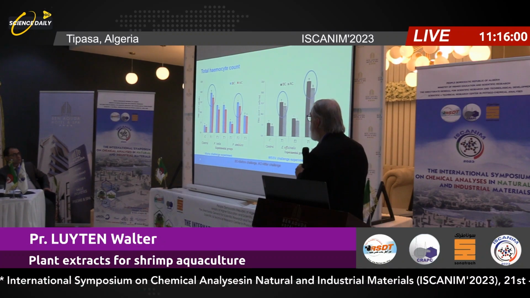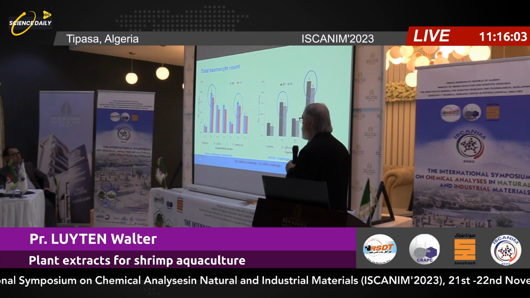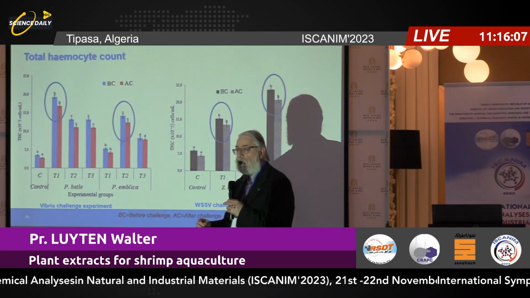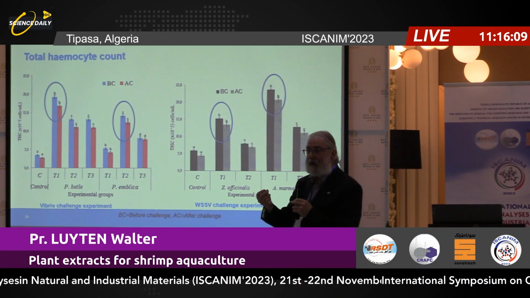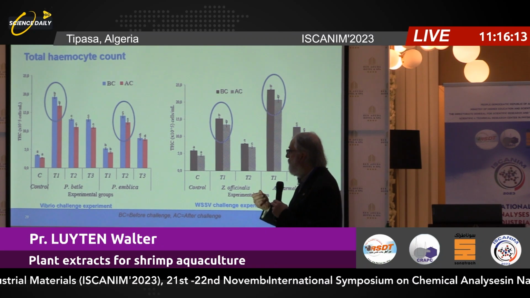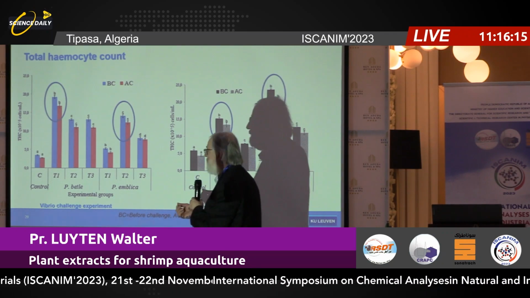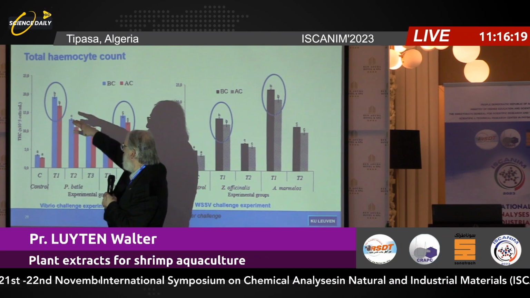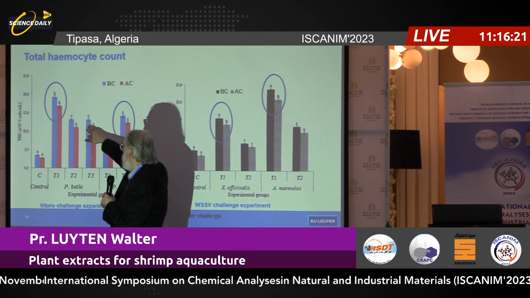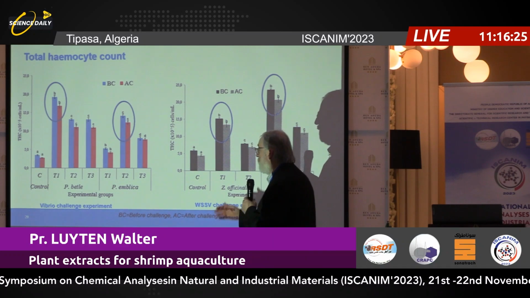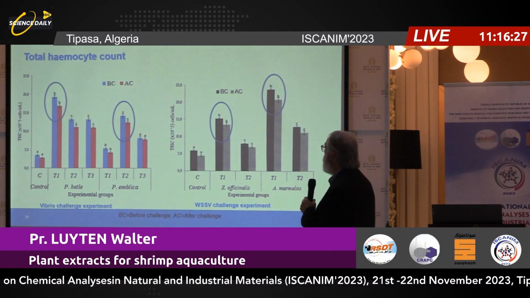So these are some of the parameters that give us a view of the immune system. So hemocytes are cells in the shrimp that are part of the immune system that defend the shrimp against invaders. And what you see is that indeed, when you treat these shrimp compared to control, the number of hemocytes increases significantly, both before and after the challenge.